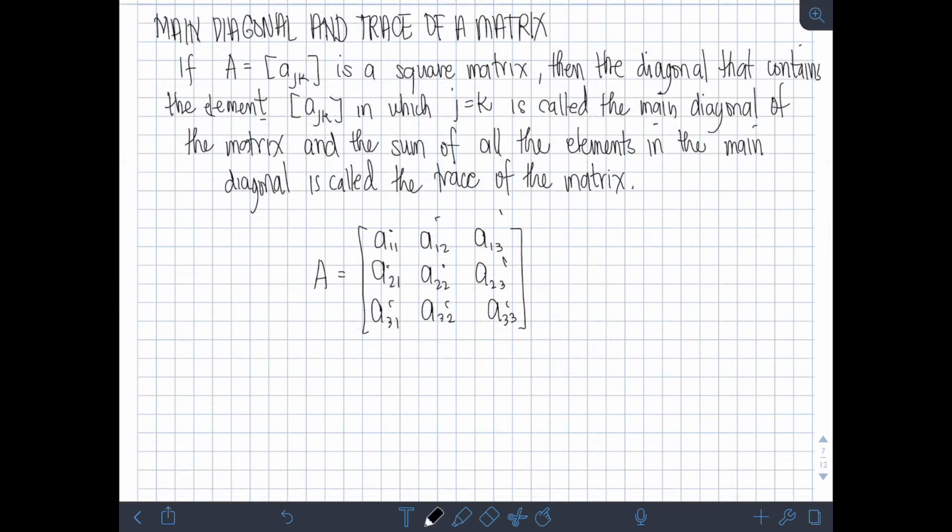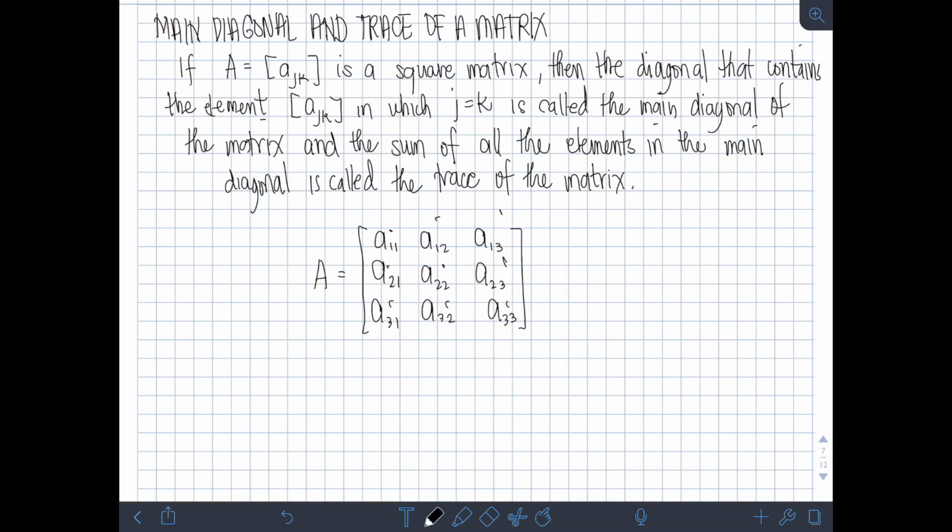Okay? Next, we have the main diagonal and trace of a matrix. If matrix A is equal to A sub jk is a square matrix, then the diagonal that contains the element A sub jk in which j equals k is called the main diagonal of the matrix, and the sum of all the elements in the main diagonal is called the trace of the matrix.